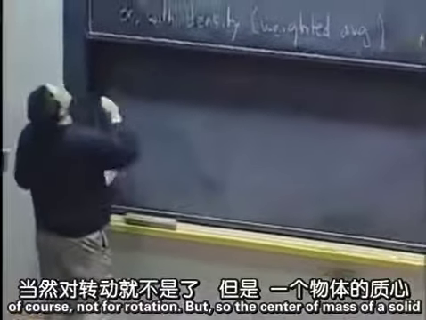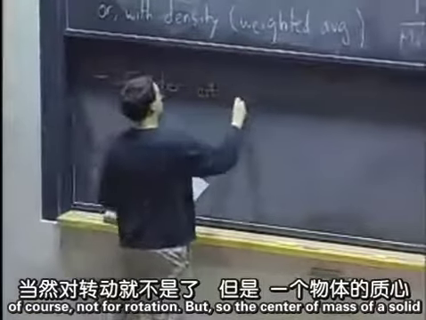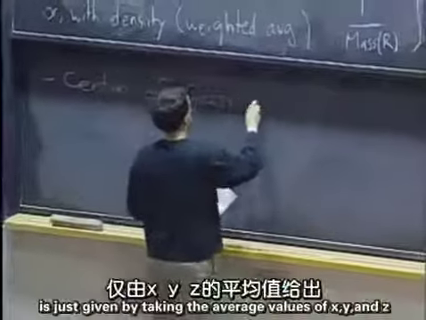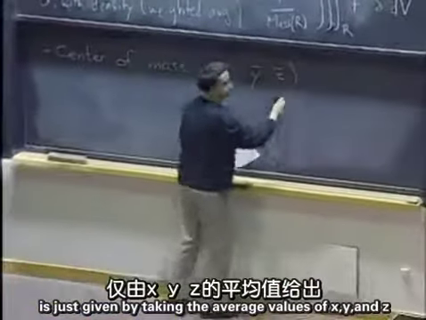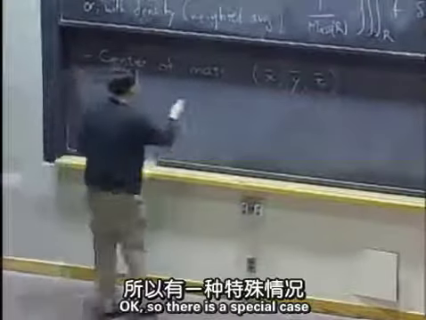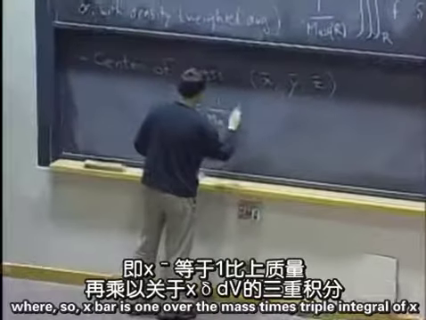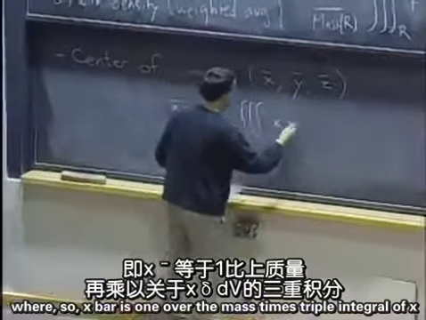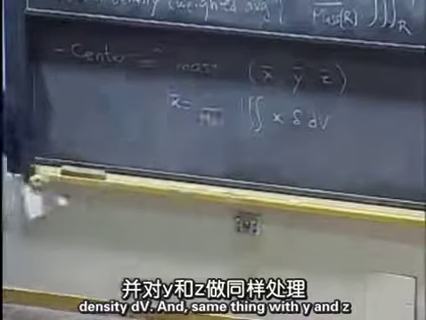So the center of mass of a solid is just given by taking the average values of x, y, and z. So x bar is 1 over the mass times the triple integral of x density dv. And same thing with y and z.